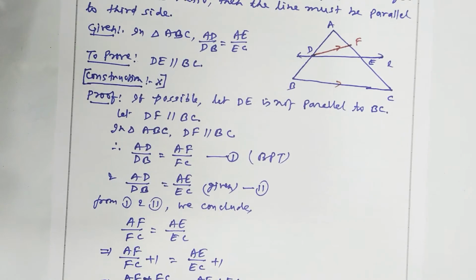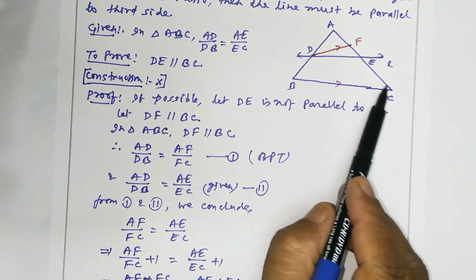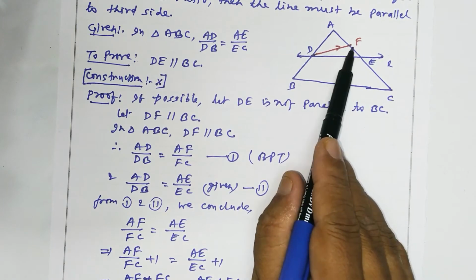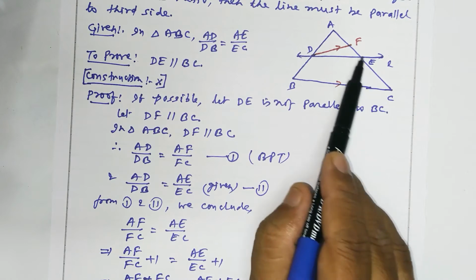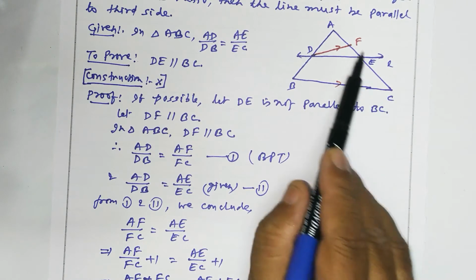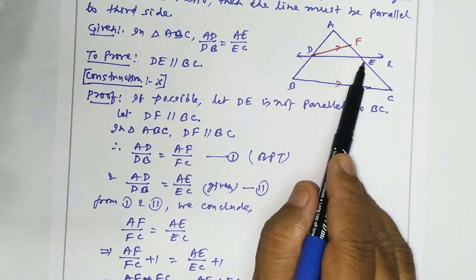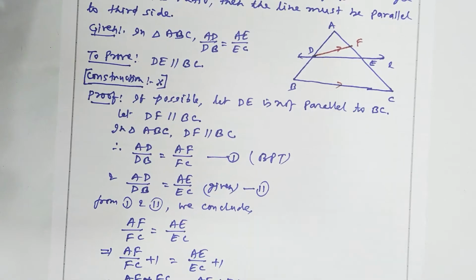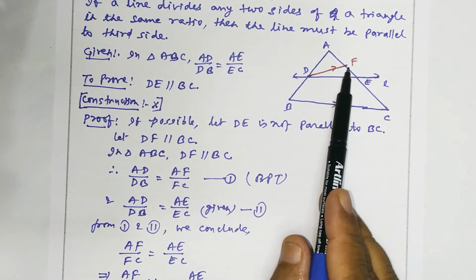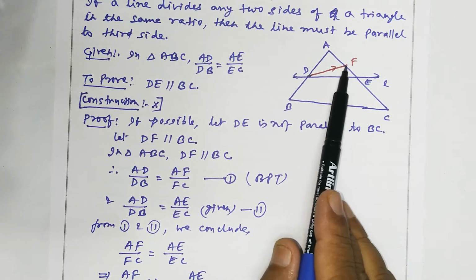Now see the figure, FC equal to EC. FC from here to here, and here EC. FC and EC will be equal only if F and E coincide at the same place. Okay, got it? FC is equal to EC only when this portion is 0.